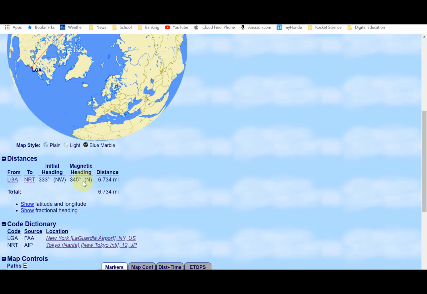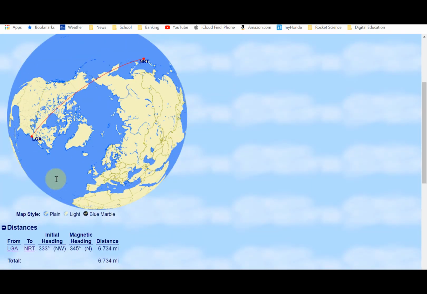So anyway, that's the initial heading if you were going to go on the shortest distance. Now, if you're going to go on the shortest distance, you can't keep that same heading. It would actually change. Your angle to the North Pole would certainly change as you follow that path. And so to follow that path, the thing to do would be to get a few points along the way that you could fly toward with constant heading.